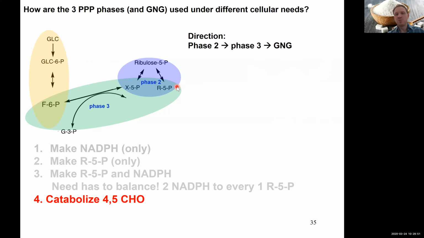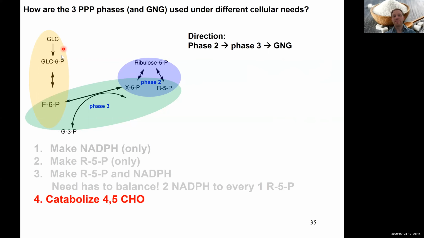Now you can use your phase two, part of it going in reverse here, to ribulose, then to xylulose, and then those two can actually go through your phase three now. So we're running phase three because we want to generate our glycolytic intermediates here. And then you're using gluconeogenesis to go back to glucose. Okay.